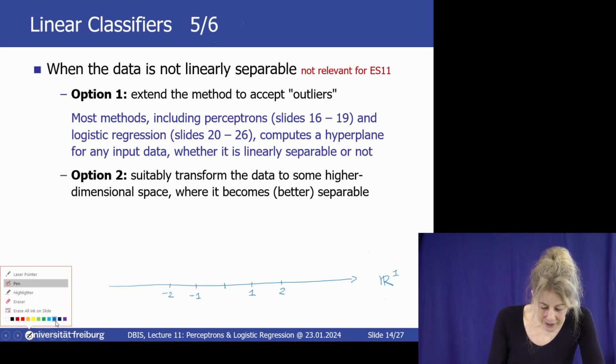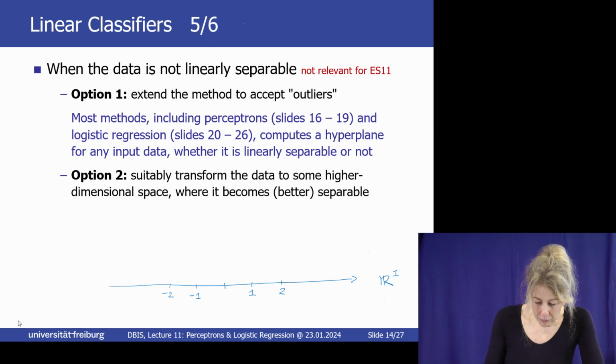And let's say I have, in red, a plus value here, and then I have 2 minus values here.